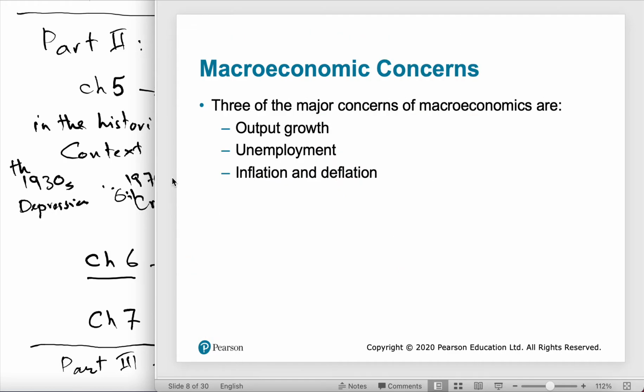So as I told you, looking at the performance of the economy at macro level, we have issues which microeconomics never thought about, or thought were not going to be a major issue. If we have thousands of individual markets and each market is flexible, and something happens in one market, it affects another market because goods are complements and substitutes.